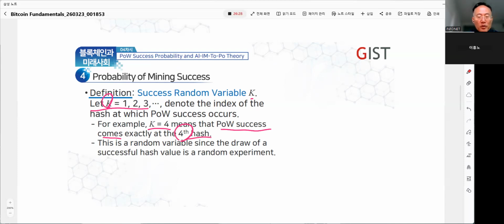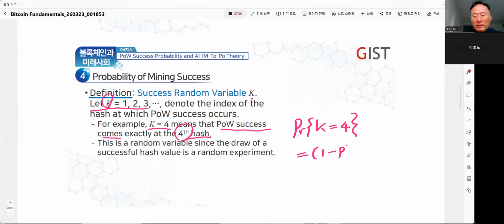So you had tried the first hash, it didn't satisfy. Second hash, it didn't satisfy. Third hash, it didn't satisfy. Fourth hash finally is satisfied. So what is that probability?